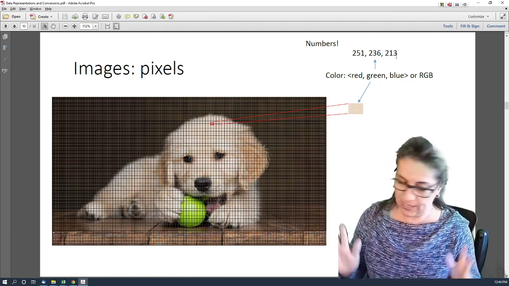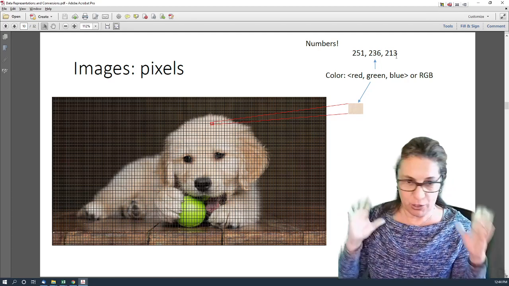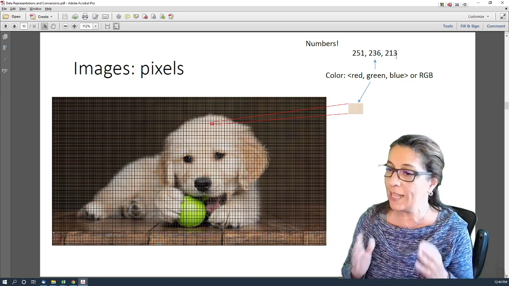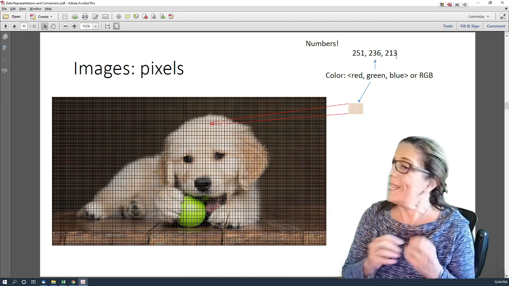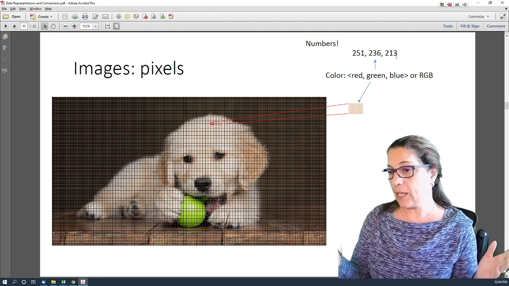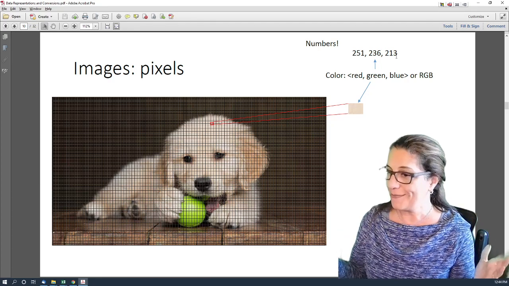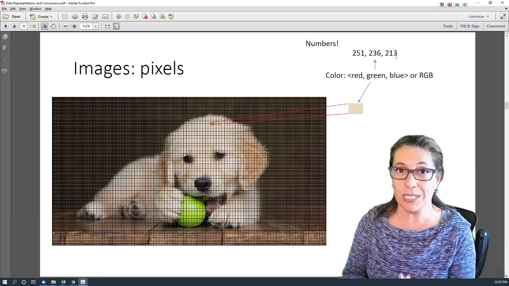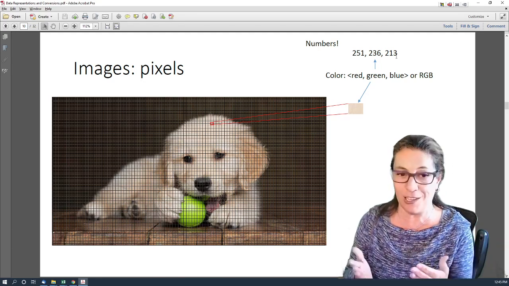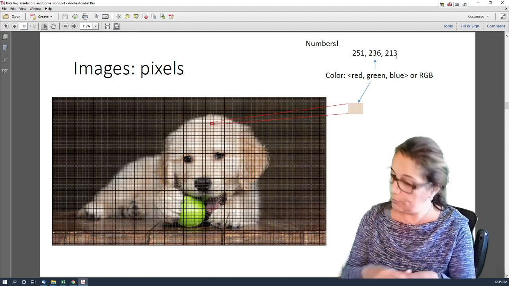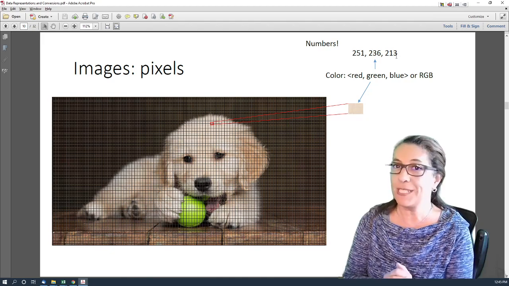It's a long history for how the human visual system works, but it turns out that if you have just three colors, red, green, and blue, and you mix them in different intensities, you can compose all the colors in the world. I don't really understand it, but that's how the visual system works. There are these three primitive colors, and if you mix them together, you get all the colors that we can perceive.